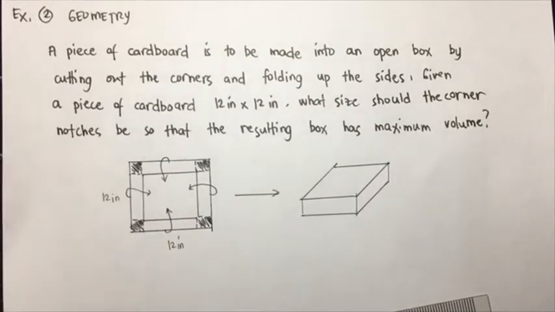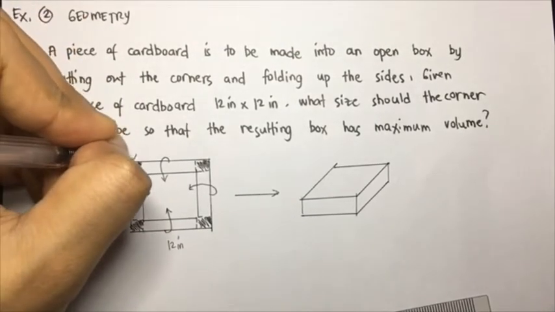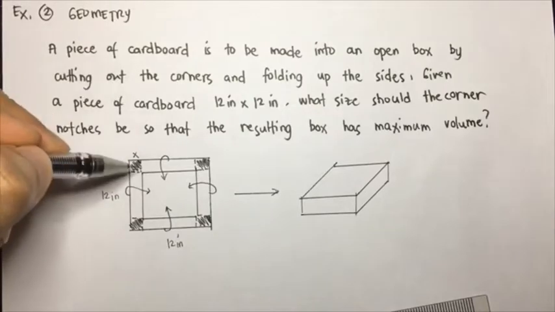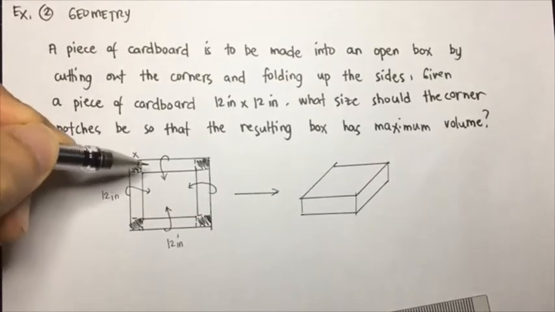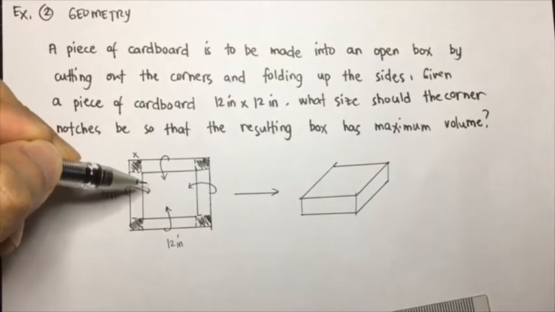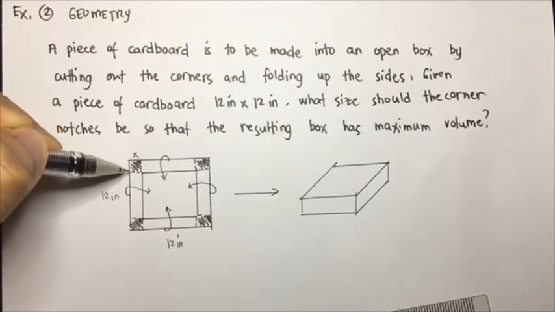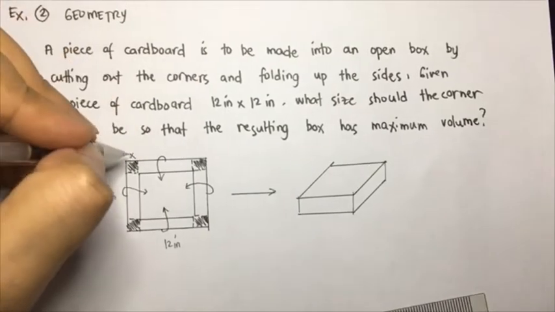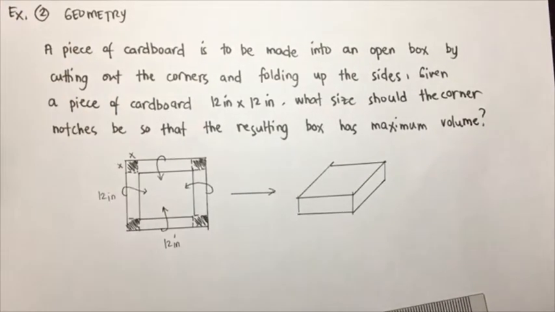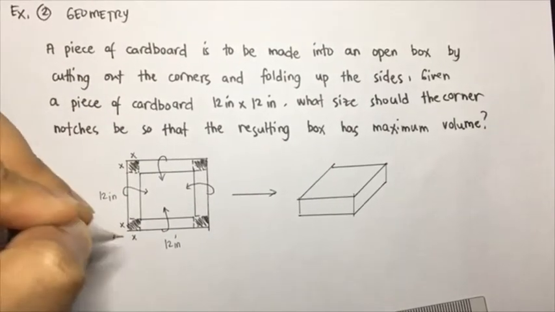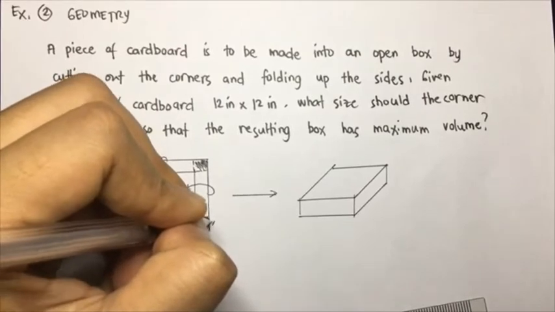We can assign that as x. Since this will be turned into a box and folded upwards, the length of the cutout on this side should also be equal to the length of the cutout on the other side, so it should also be x in here. All of those dimensions are equal.